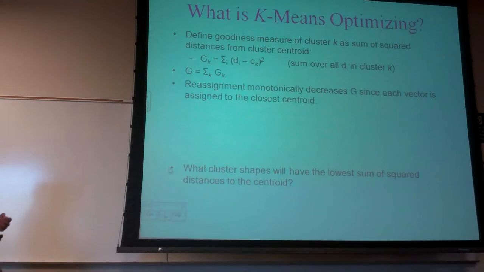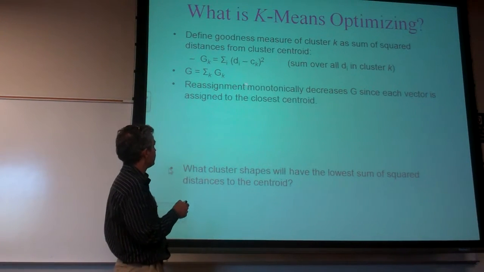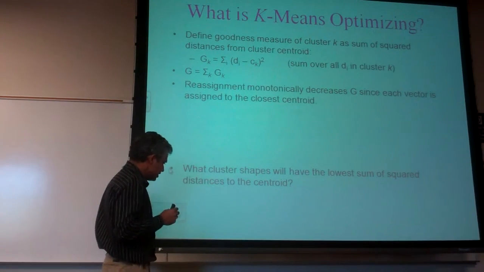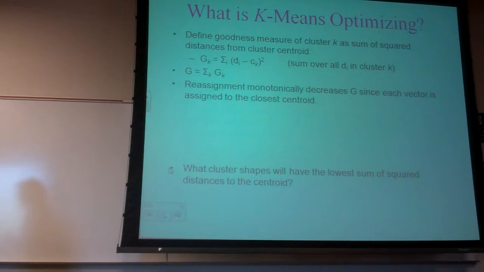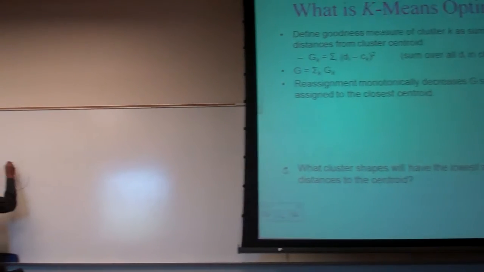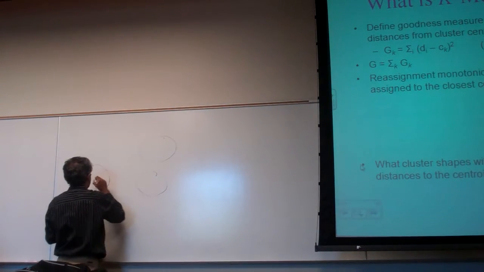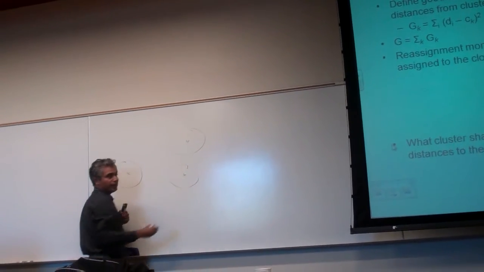The question, of course, is exactly what is being minimized, and we talked about this last time, so I'm repeating it. Consider the tightness of the cluster. If I have multiple clusters, in each of them there is a centroid.